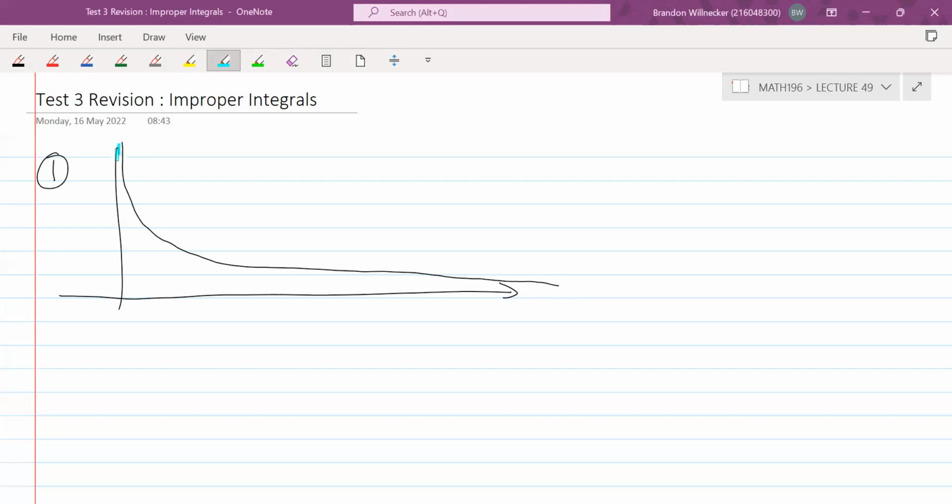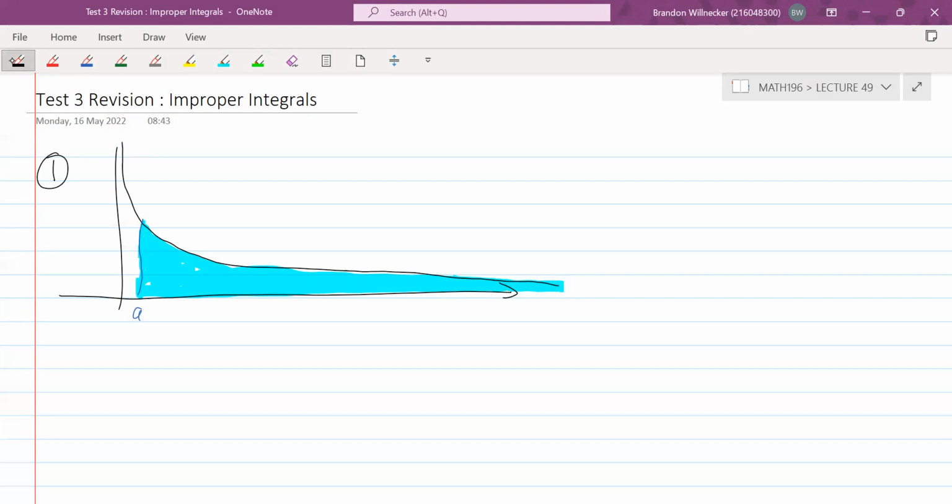And what we want to find, from A going to infinity, is this area. So that area in blue going all the way to infinity.